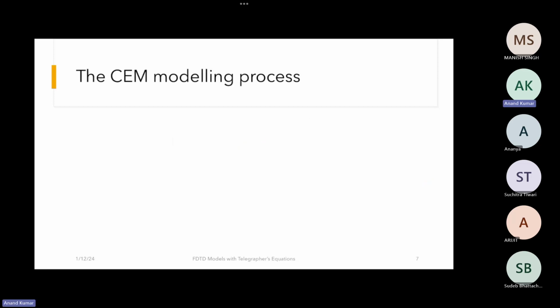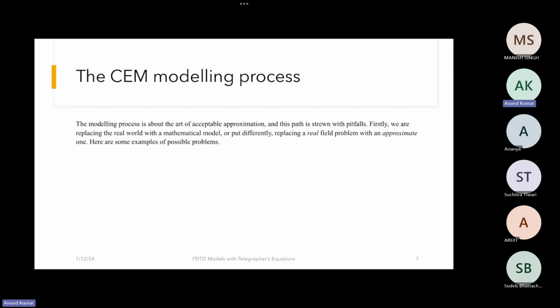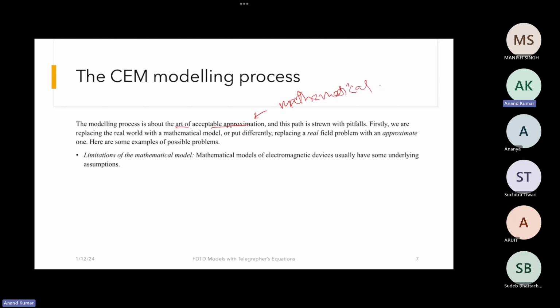So we'll continue from the previous class. We were discussing the CEM modeling process, and the CEM modeling process is the art of acceptable approximation. So we'll be doing approximation at various stages. First is the mathematical model, which is the first step of model approximation.